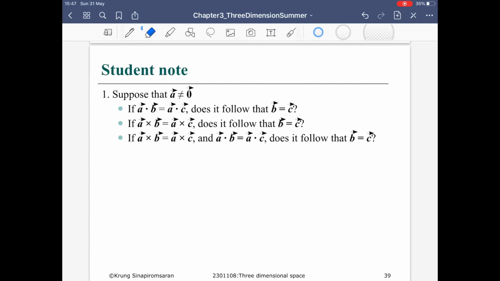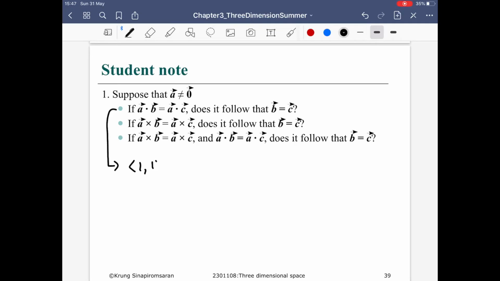For the first item, they ask that if we have A dot B equals A dot C, does it follow that B and C will be the same vector? You may think about it for a minute and then you may say that, hey, maybe not. Why is that? We can do two dimensions.